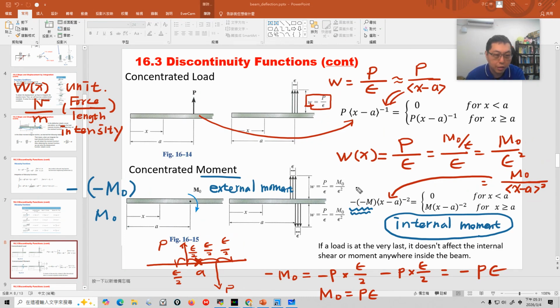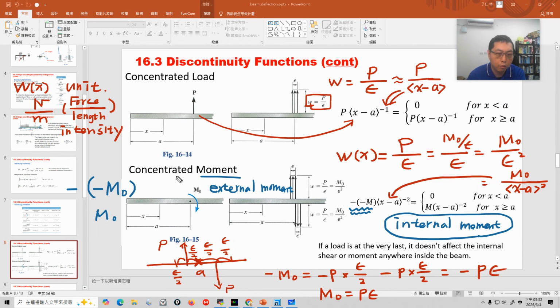If you miss the sign, you will have a huge problem in calculation, especially for results. So let's review the conclusion of this video again. For the concentrated load, the power is -1.